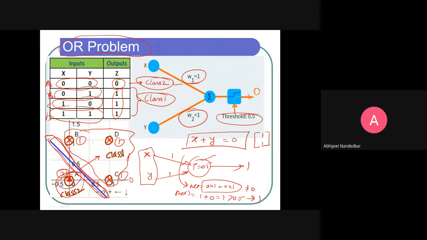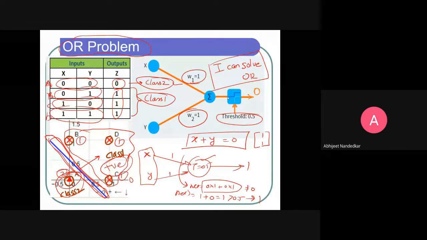Anything in this direction above this line will produce a positive answer, and below this it will produce say 0 or -1, depending on what kind of neuron you are using. So I can solve the OR problem using a perceptron or a neuron.